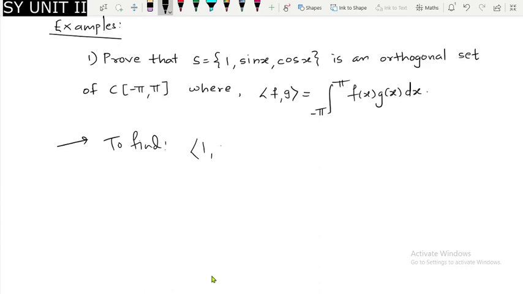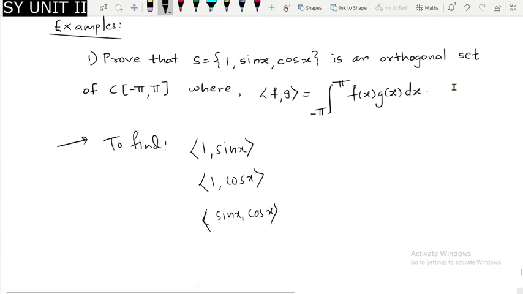The inner product of 1 with sin x, the inner product of 1 with cos x, and the inner product of sin x with cos x. If all these three inner products come out to be 0, then we will say that it is an orthogonal set. And if even one inner product is non-zero, then we will say that it is not an orthogonal set. Okay, then let us do it.